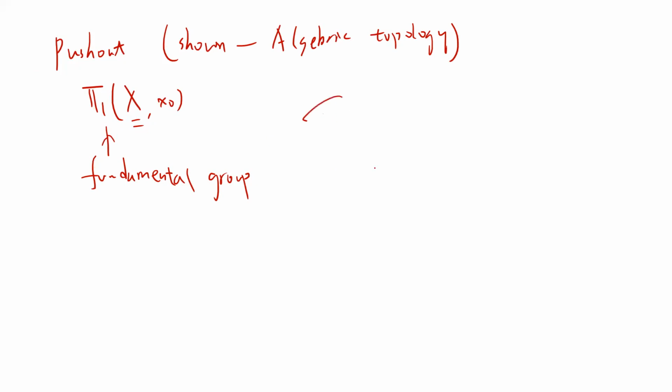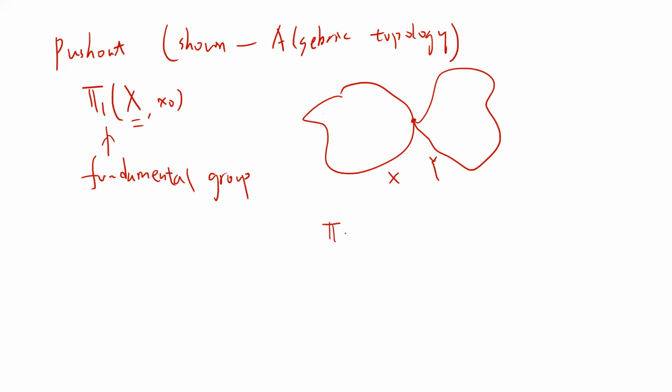The idea is that if you have two spaces X and Y that just meet at a point, one result is that people like to compute the fundamental group of this X wedge Y. If I remember correctly, it is the wedge.